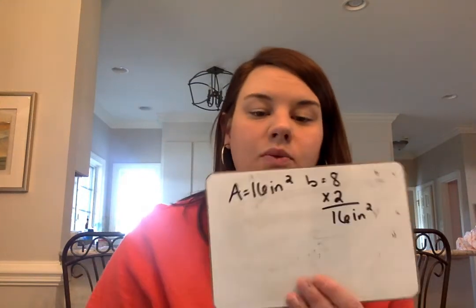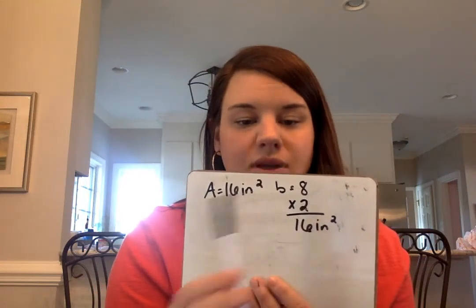But what is the rule for the area of triangles? The rule for area of triangles is that you have to take the base times the height divided by 2. So we have to adjust a little bit, and I want you to think about what you would do to adjust for that answer being half of what it should be. So it's not really multiplied by 2 that we did here.